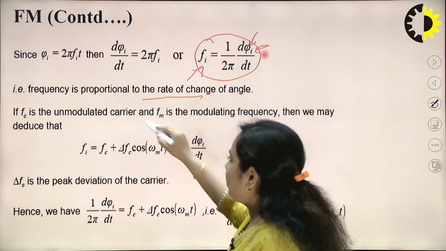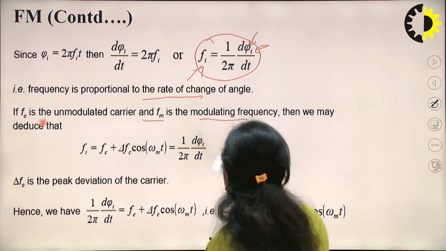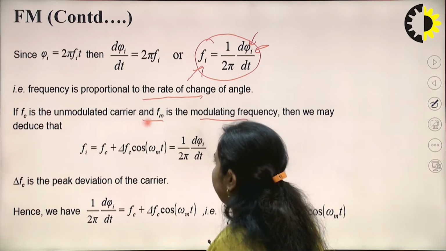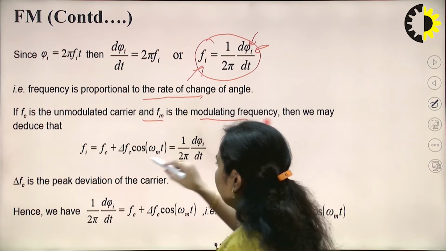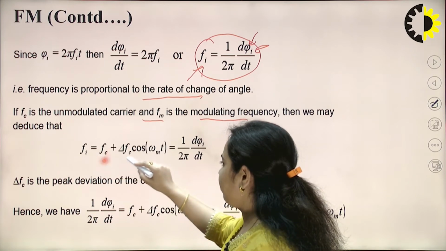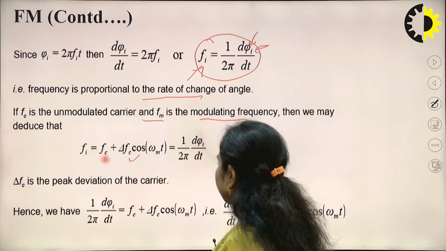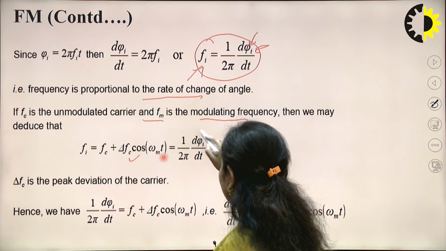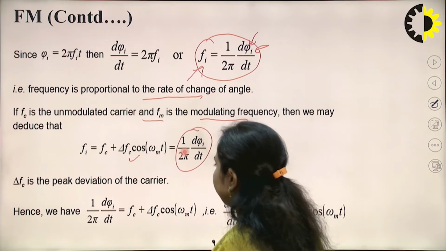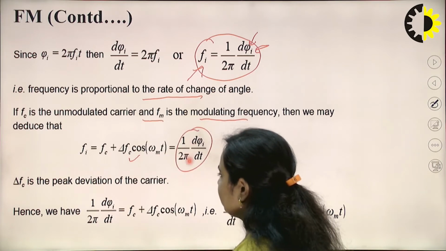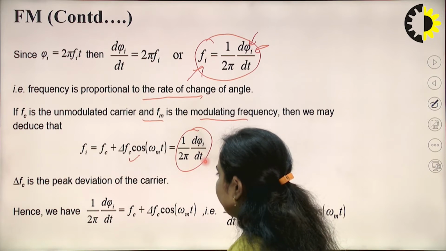If fc is the unmodulated carrier and fm is the modulating frequency, then we may reduce this equation to f_i = fc + delta fc cos(omega_m t), which is equal to 1 upon 2 pi d phi_i by dt. Here delta fc is the peak deviation of the carrier signal.